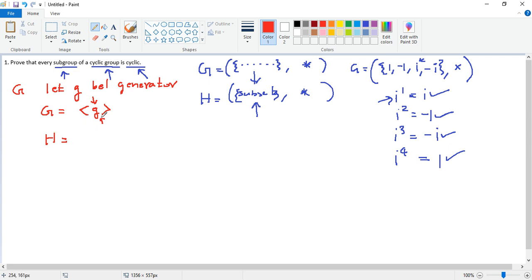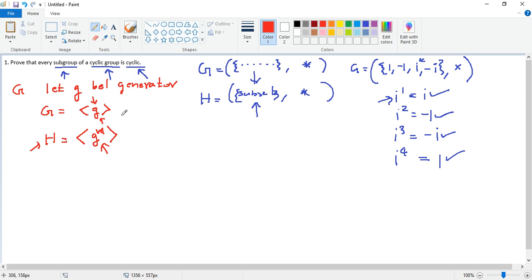Let's say I'll take it as g to the power m, right? So what I'm saying here is g^m is some power of g, and I'm trying to prove that all the other elements in H are generated by g^m, right?